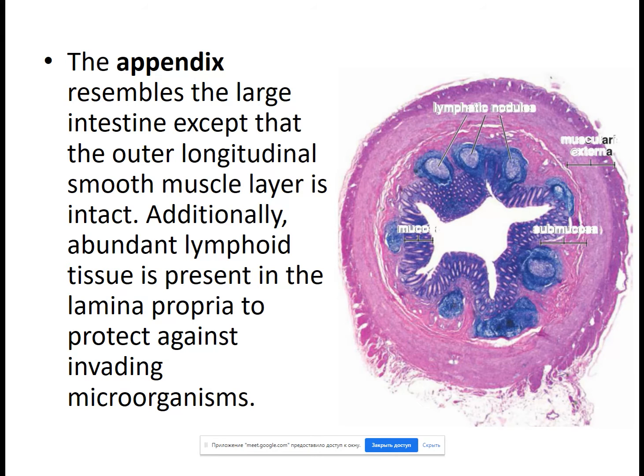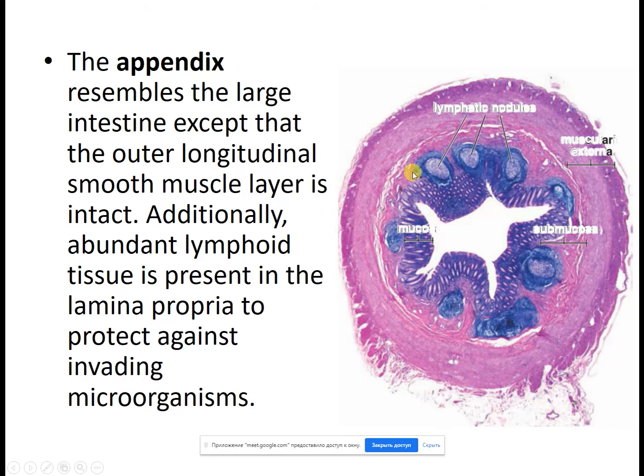Also here, we have a lot of lymphatic nodules, and you can confuse them with the same lymph nodules in the small intestine. Actually they are similar, but here they are more active.